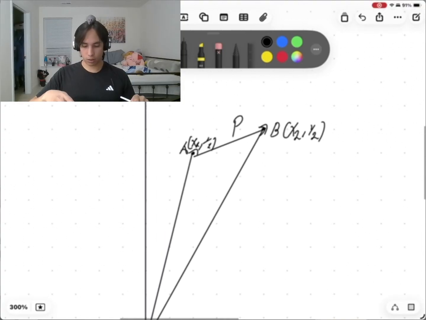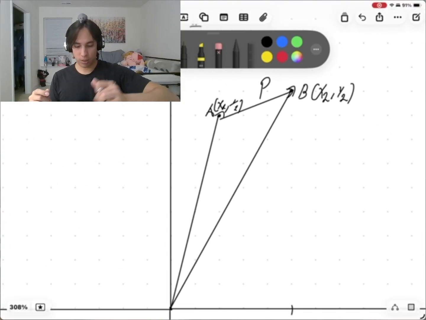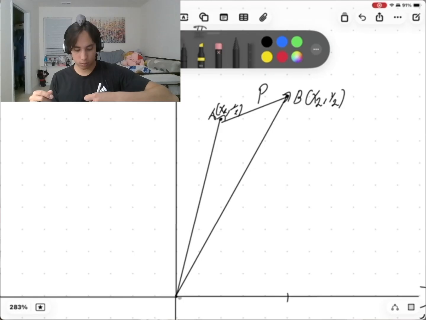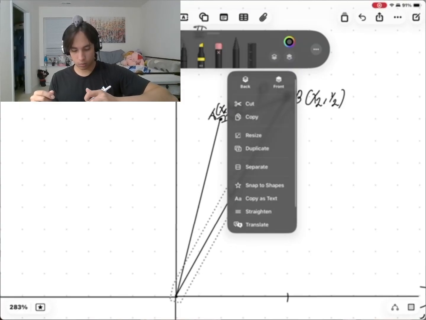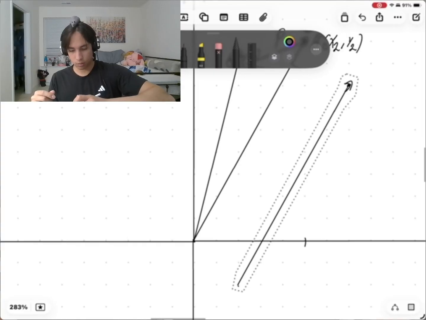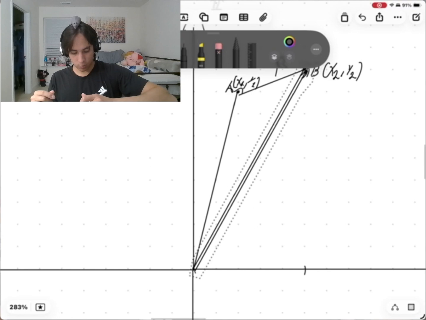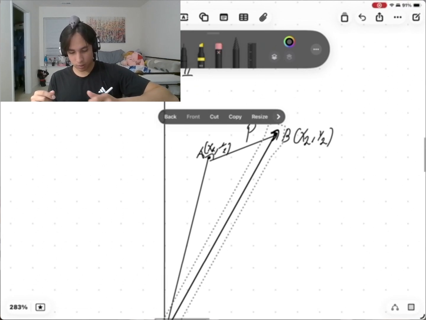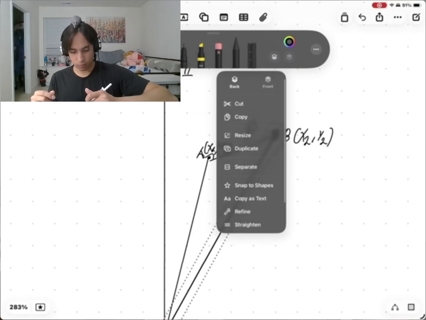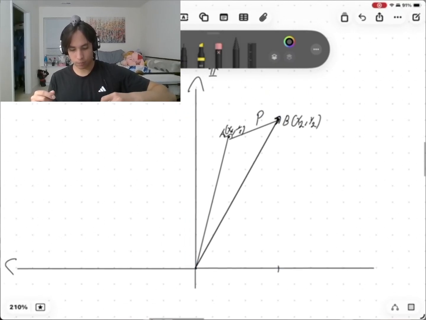Graphically, let's take B, and we're going to duplicate it and put it right where it was. Now we're going to flip it and resize.